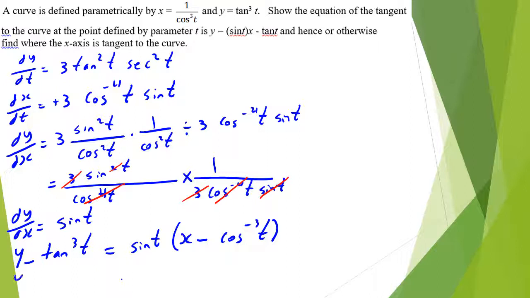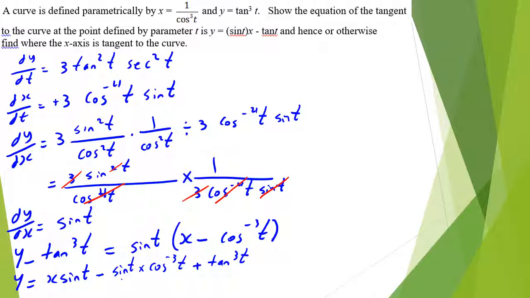Now rearrange to y equals, because of the equation required: x sine t is the first part, and the other part is tan, so I will just expand first and I will show you how. So we'll get sine t times cosine cubed t, and changing that to the other side becomes positive tan cubed t.